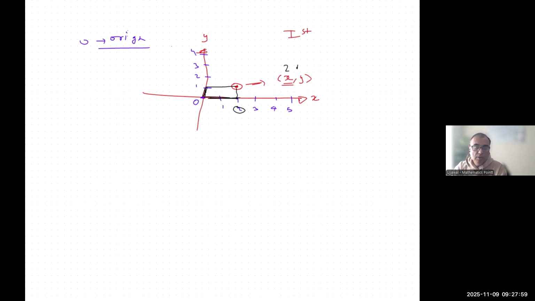So the position of this particular point is 2, comma 1. We always write the x followed by the y. We don't write it the other way around. So it's 2, comma 1 is the position of this point on the Cartesian plane. Anyone who has not got this before I move on? Anyone who didn't understand this?